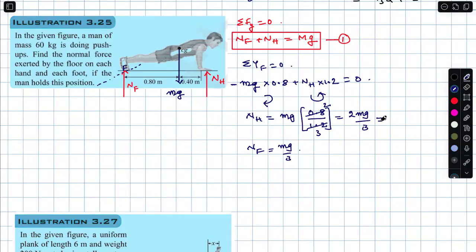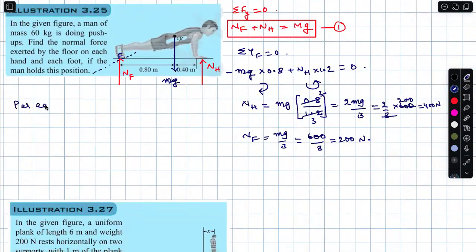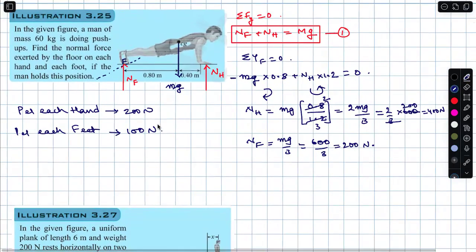So 2 mg by 3, how much is this? 2 by 3 times 600 is 400 Newton. And mg by 3 is 600 by 3, 200 Newton. So per each hand, this is 200 Newton. For each foot, 100 Newton. That's all. Any doubts?